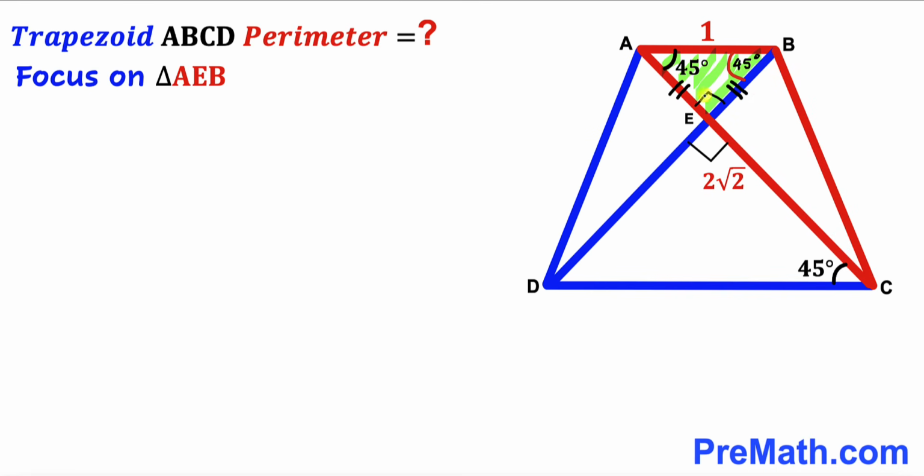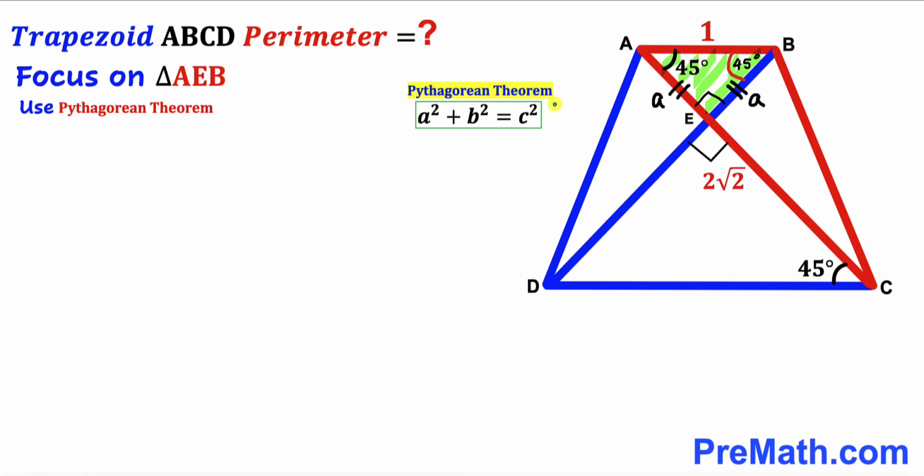I'm going to label this AE length as lowercase a, then this BE length has got to be lowercase a as well. Now we are going to solve for lowercase a. We are going to apply the Pythagorean theorem on this triangle: a squared plus b squared equals c squared. Here our hypotenuse is 1, whereas our two other legs are lowercase a and lowercase a.